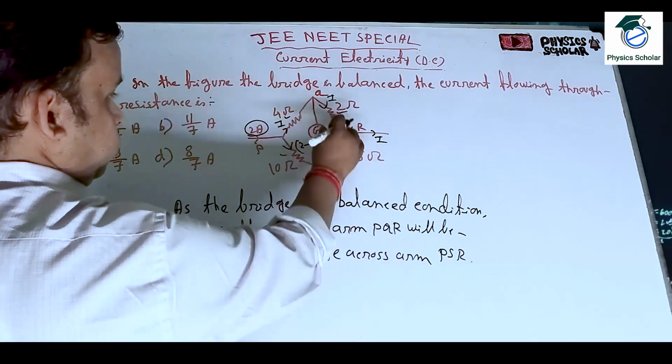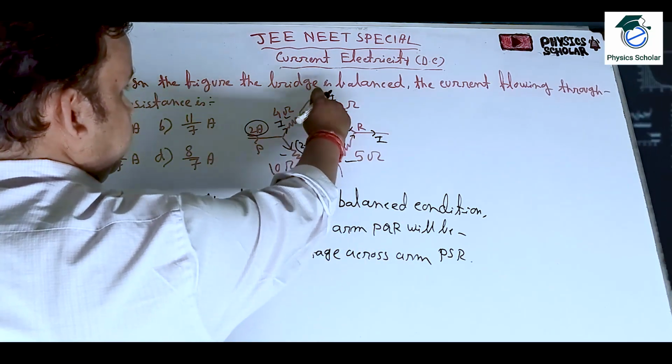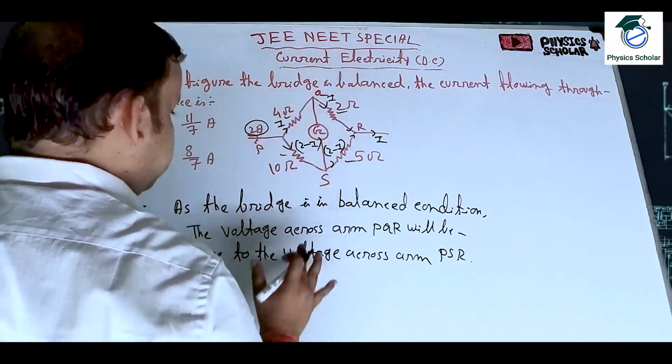Clear? Why? Because the voltages are the same, no current is flowing and the galvanometer deflection between Q and S will be 0 as the bridge is in balanced condition.